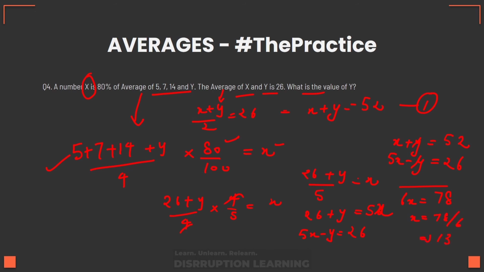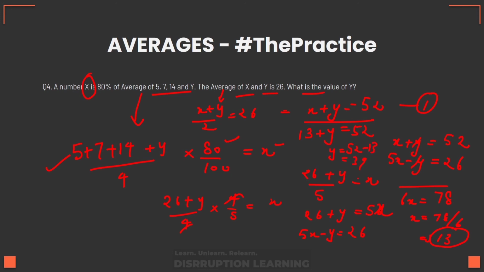So we needed the value of Y, and we have got the value of X. Now X plus Y is 52, we know that. So 13 plus Y is 52, which means Y is 52 minus 13, that is 39.